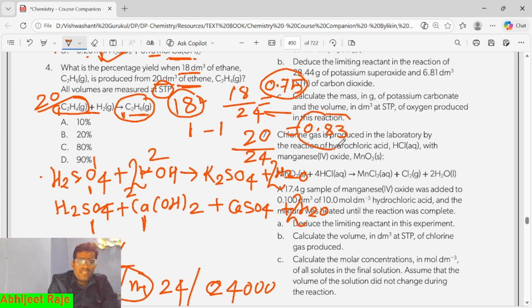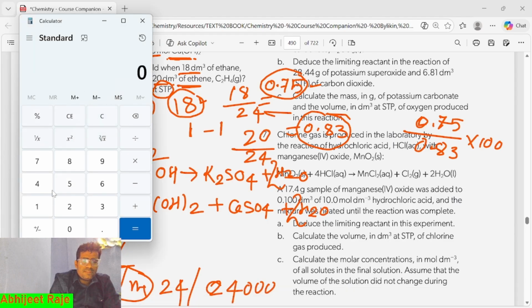I'm expecting I should get 0.83, but actually I'm getting 0.75. So substitute in the formula, the actual is 0.75, and theoretically you should get 0.83, times 100. Simple maths we can do.